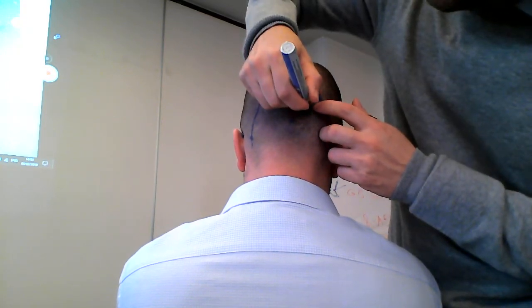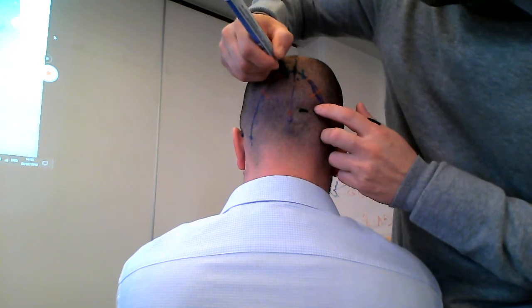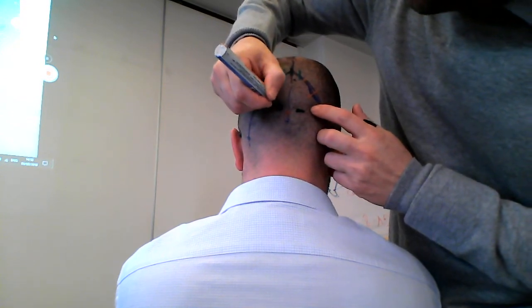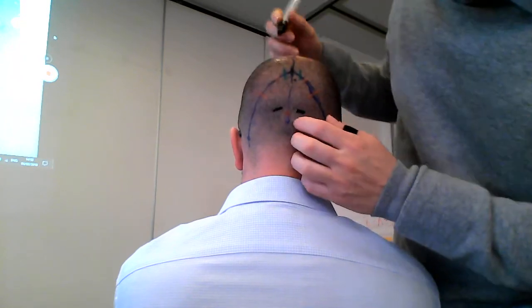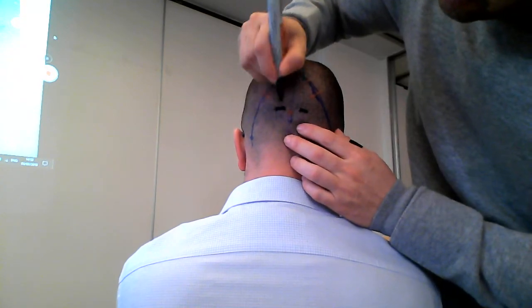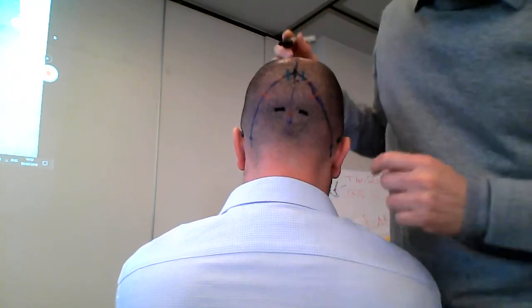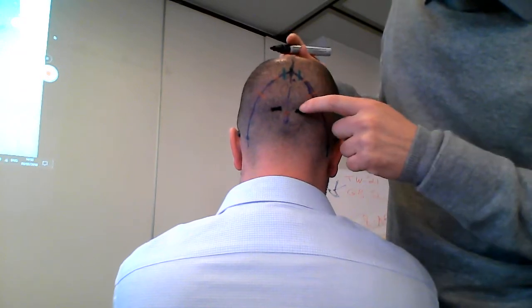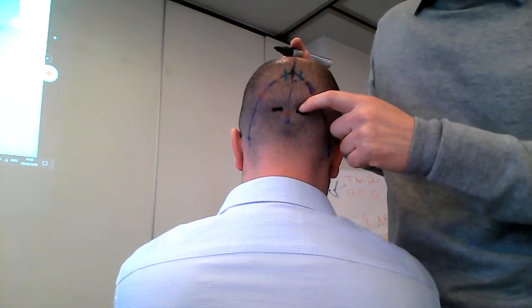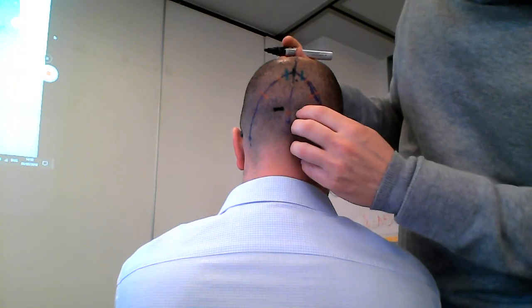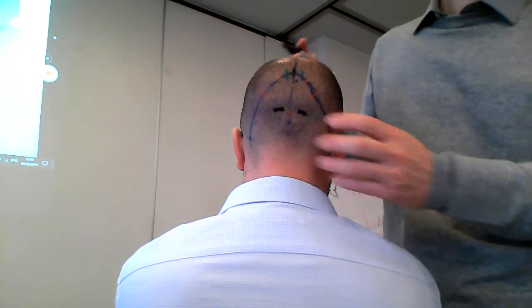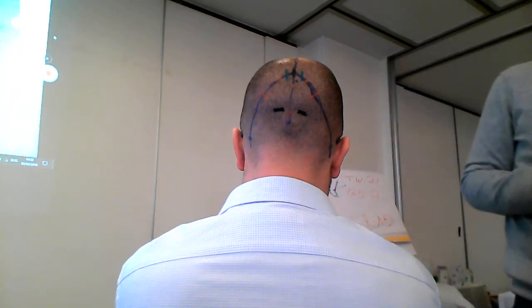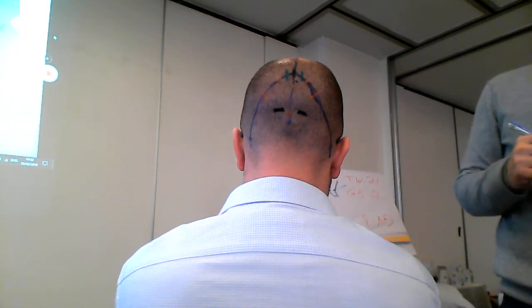And then maybe a centimeter to the side. So I have A and the medial part of E in the same alignment. And then this is T12 and this is T1.